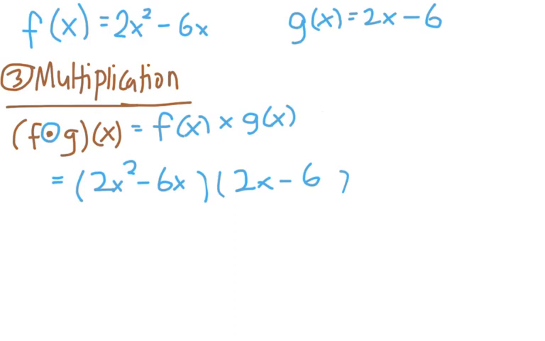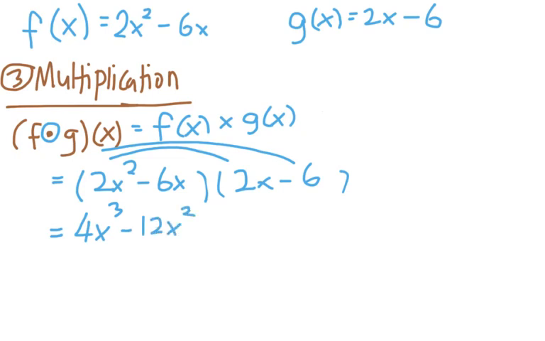So the same thing, to open up the bracket, the first value in the first bracket, you need to multiply with all the values in the second bracket. So 2x squared multiply 2x, you will have 4x cubed. 2x squared multiply negative 6, you will have negative 12x squared.